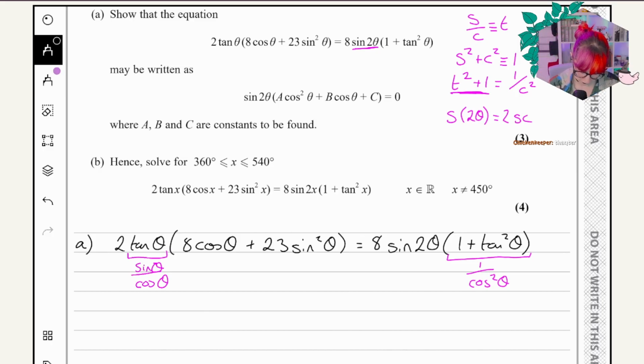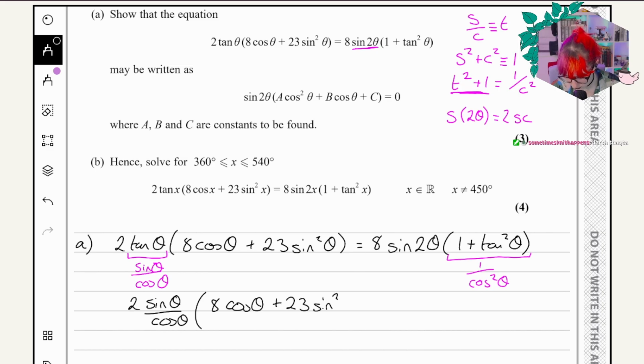So if I do both of those substitutions, I get 2 sine theta over cos theta, 8 cos theta plus 23 sine squared theta, equals 8 sine 2 theta over cos squared theta.